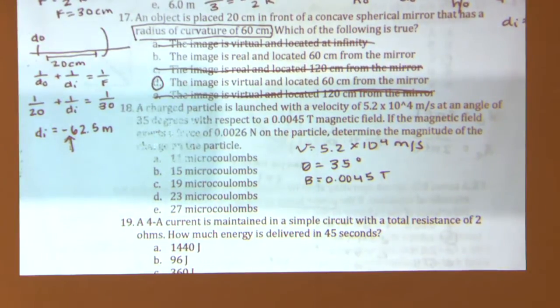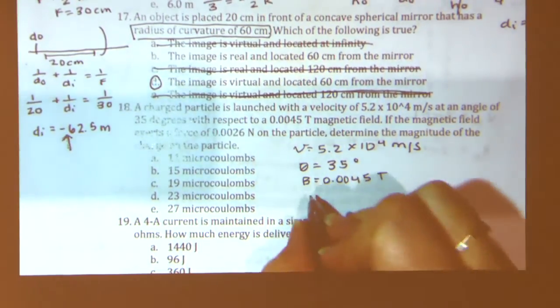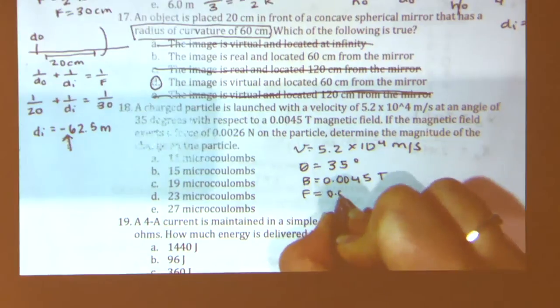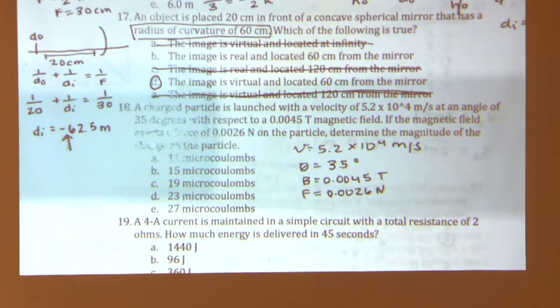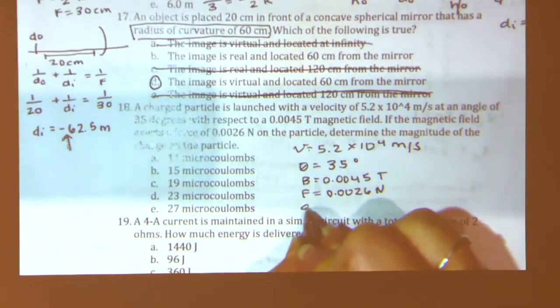If the magnetic field exerts a force of 0.0026 newtons, so that's our F, on the particle, determine the magnitude of the charge on the particle.